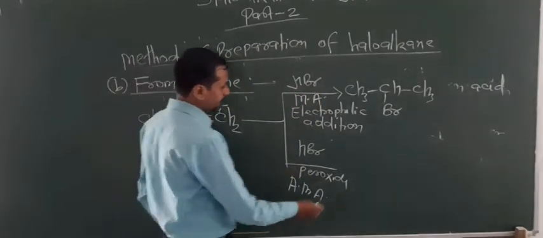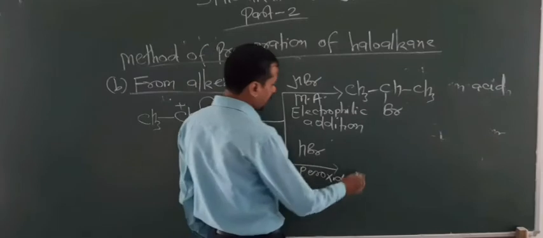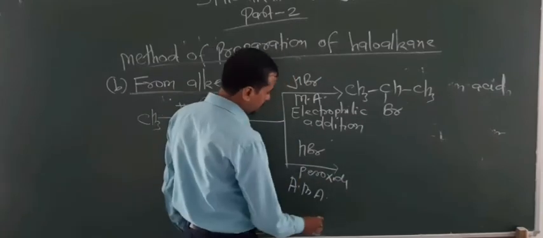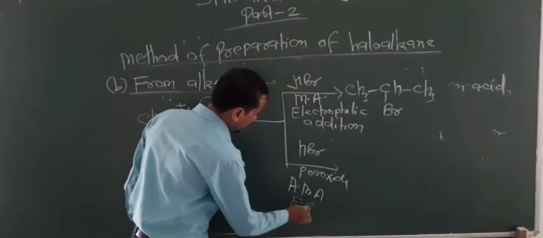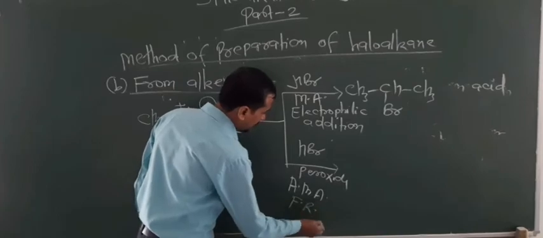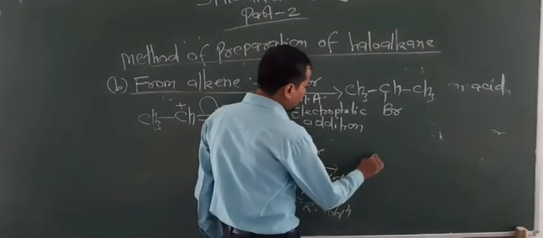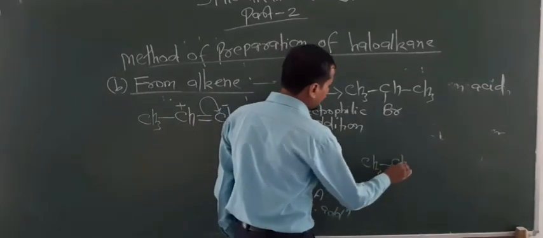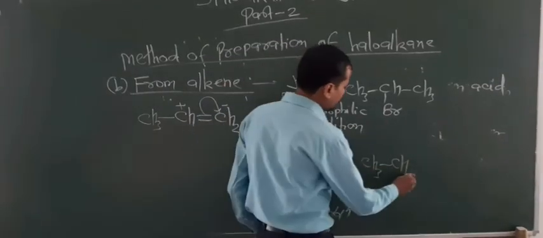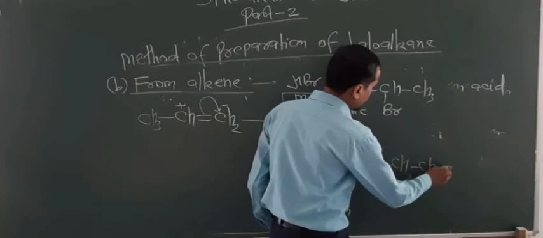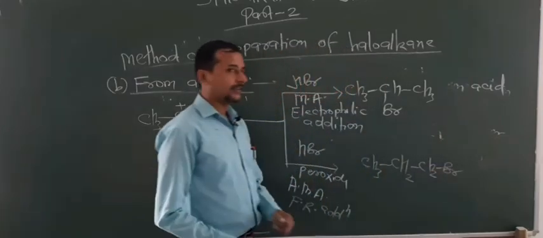Now look at here, what happens basically. In this case, this will follow free radical addition. So now here the product is the reverse of Markovnikov. This will give CH2Br.